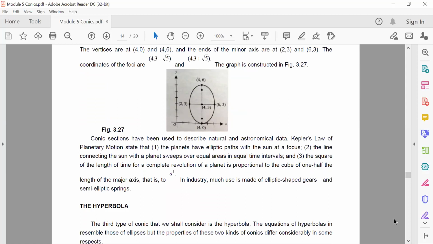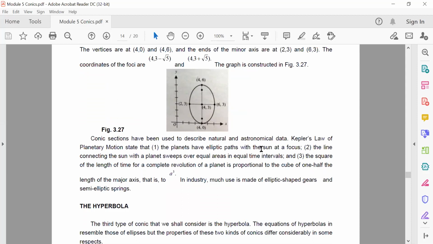So what is the application of ellipse? Saan ba natin makikita? So sabi nga kanina, even sa medical equipments, yung ginagamit daw to treat kidney and gallstone, ellipse yung shape nun. Conic sections have been used to describe natural and astronomical data.